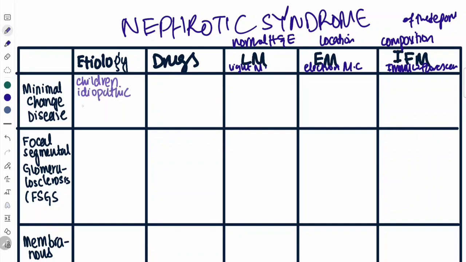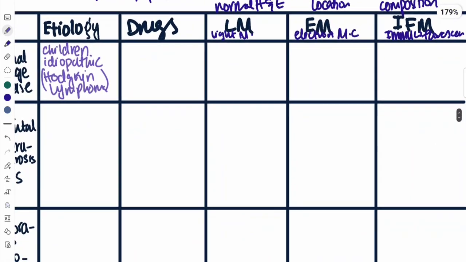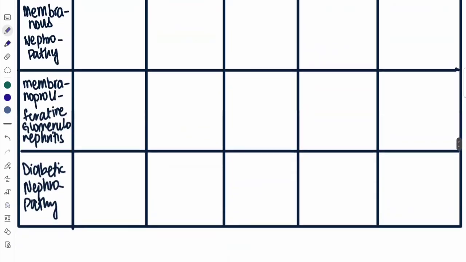But someone with Hodgkin's lymphoma might also have it. Now why is it so? We're going to come to drugs later on. First, let's discuss why this happens and what it is. So I'm going to go down here and we're going to do minimal change disease.